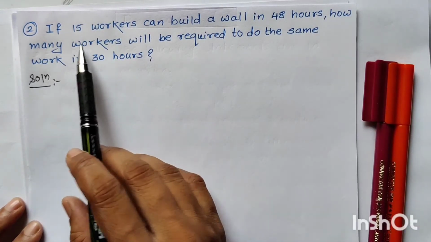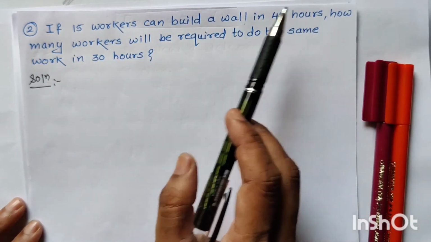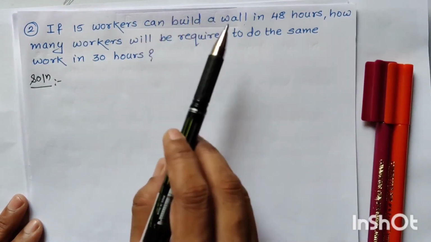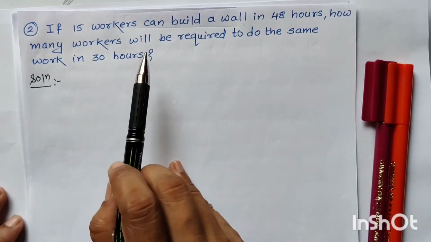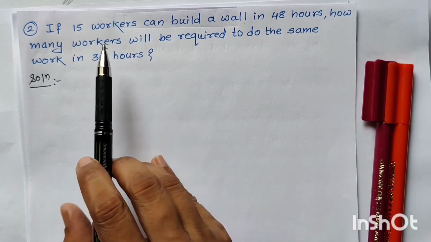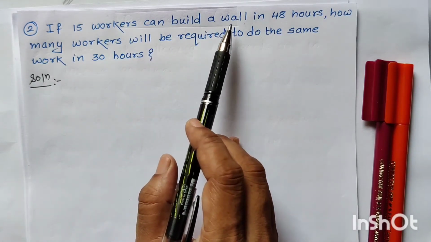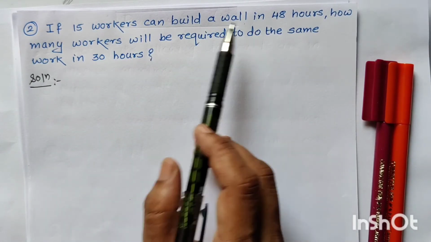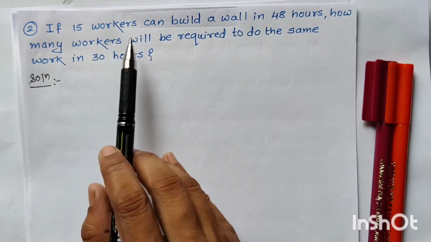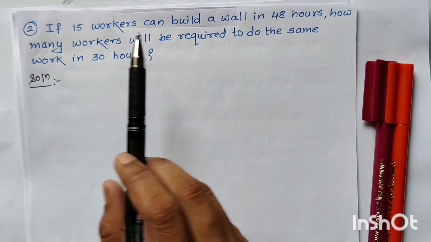Question number 2. If 15 workers can build a wall in 48 hours. From the first sentence of the question only, we will get the idea whether the variation given is inverse or direct. Now see children, here the number of workers and the time taken to do the work are given. So we can find from this sentence that if the number of workers increases, time will decrease.